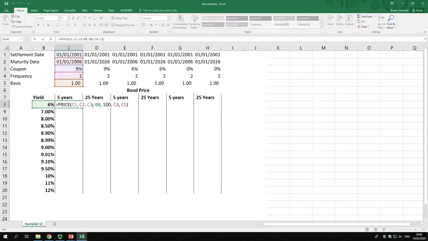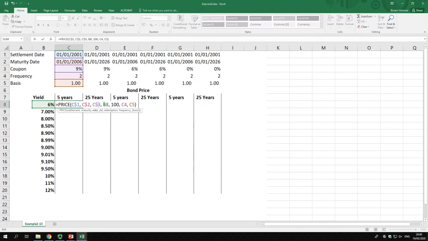Now if I would like to apply this for all the bonds and for all these different yields, then of course I need to lock some of these cells, which is C1, C2, C3, and so on. Remember, I need to allow this to move to different columns, so the columns should not be locked, but just the cell reference should be locked. So C3, also C3.